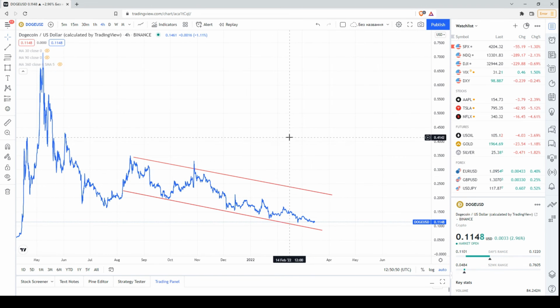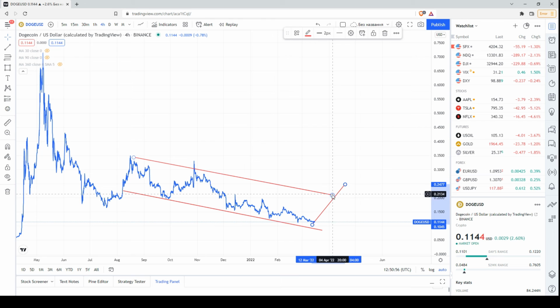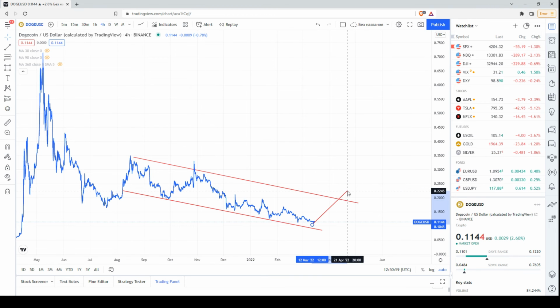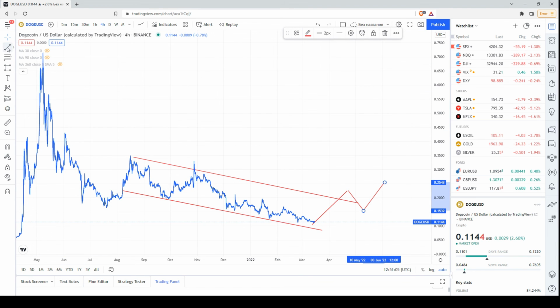In order to switch from a bearish to bullish sentiment, I would like to see a clear exit from the descending channel and a sequence of ascending local lows and local highs. For example, something like this. If something like this happens, then I will change my mind and I will say, aha, now the sentiment is changing from a bearish one to a bullish one.